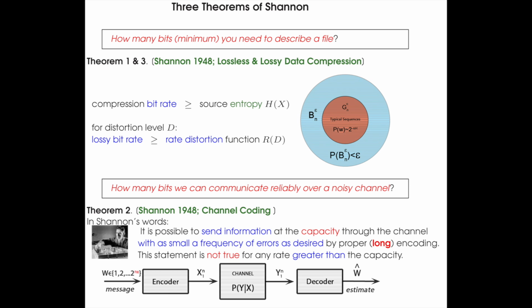How many different messages can I have? 2 to the power n, because each bit can be 0 or 1. So the maximum number of messages that I can transmit is 2 to the power n. But when I transmit, if this channel introduces errors and corrupts 0 to 1 and 1 to 0, then with relatively high probability I can make a mistake, and this is not good.